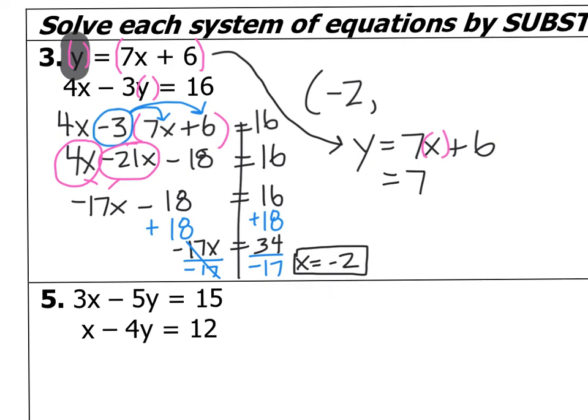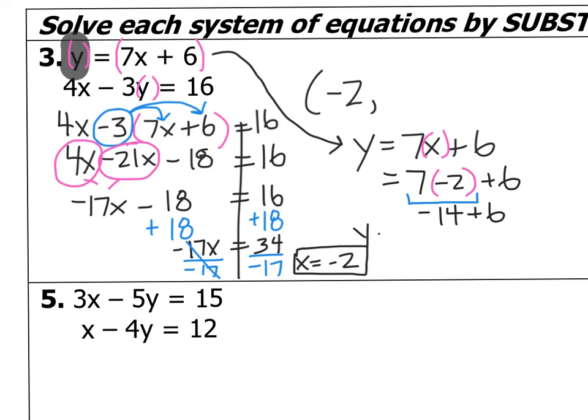So I've got 7 times negative 2 plus 6. If I do my multiplication here, 7 times negative 2 is negative 14.